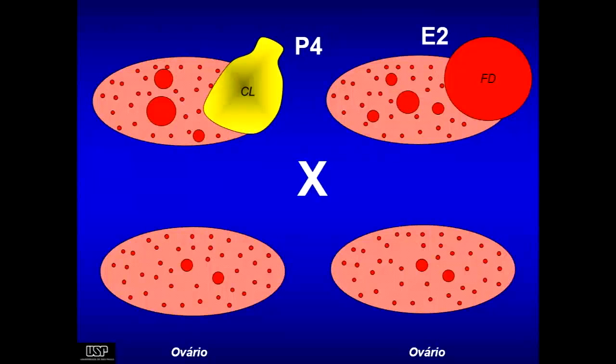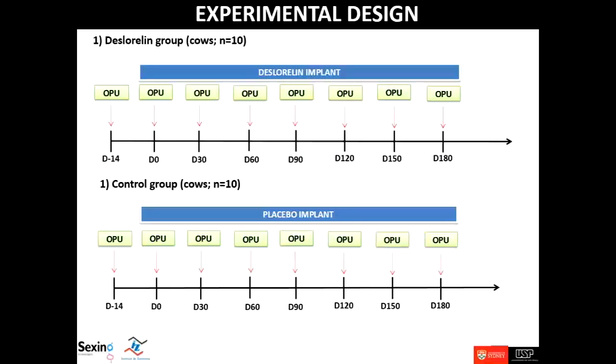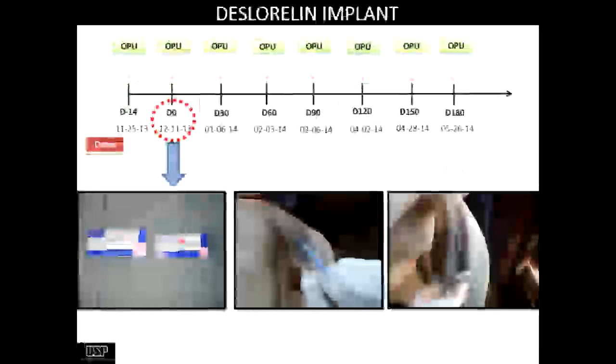And of course, this animal here is exposed to progesterone and estradiol. This animal not. We blocked them using a GnRH agonist. You know that when we block, they don't have LH during a long period. So we used a 6-month experiment. We collect in cycling animals and block the animals with deslorelin, using the same semen, the same conditions for all these analyses.